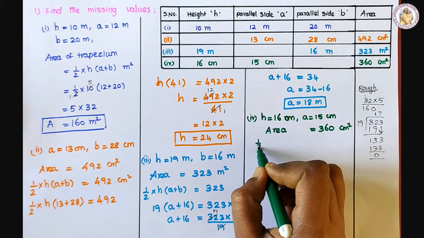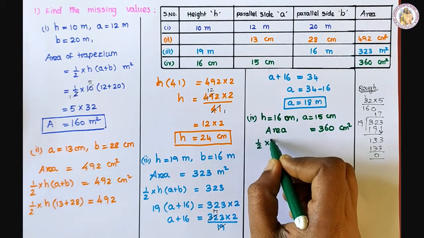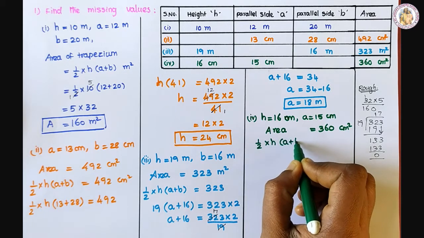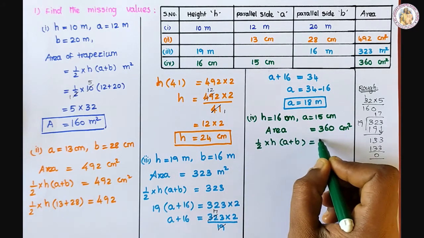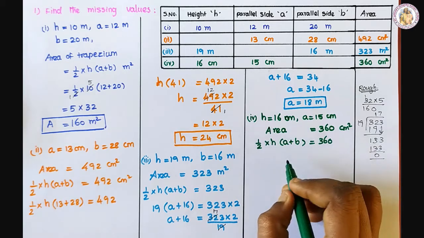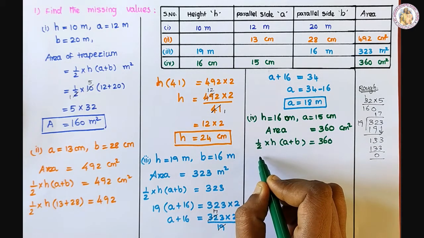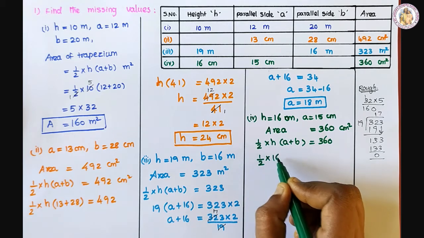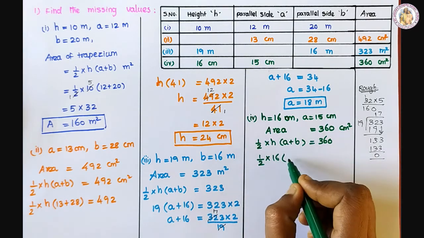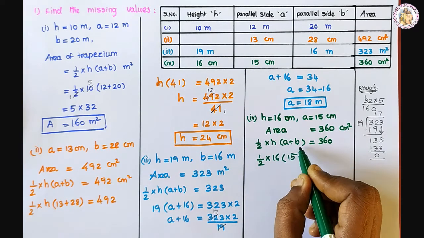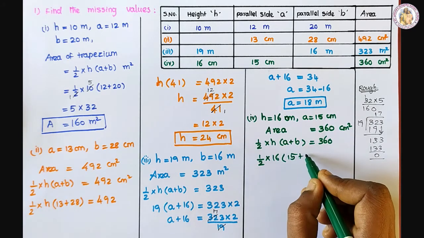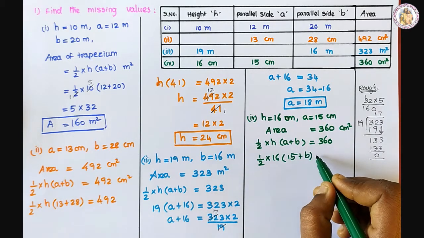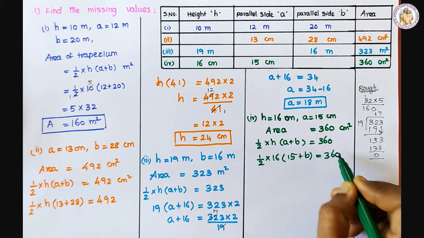That is 1 by 2 into h into (a plus b) equals 360, that is 1 by 2 into 16 into (15 plus b, we don't know b, so write it as it is) equals 360.